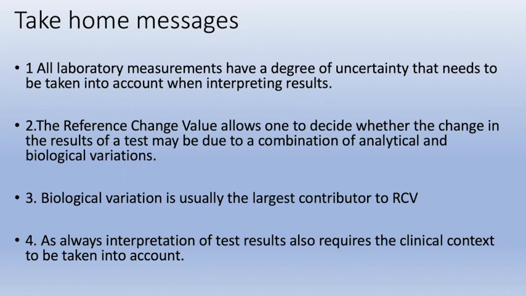Number three, biological variation is usually the largest contributor to the reference change value. Number four, as always, interpretation of test results also requires the clinical context to be taken into account. Thank you.